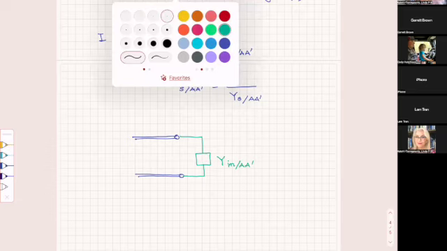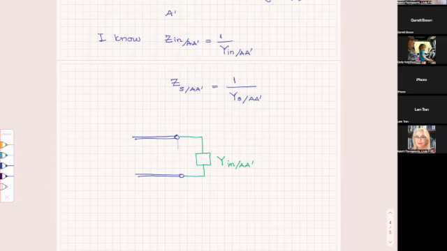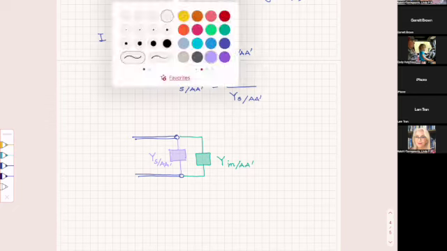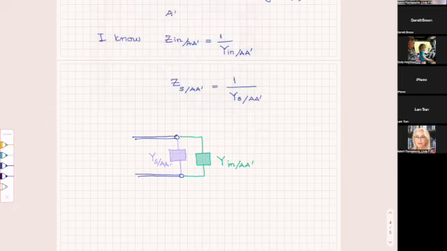And this is the admittance of the stub. In that case, how much is the total admittance at A prime?